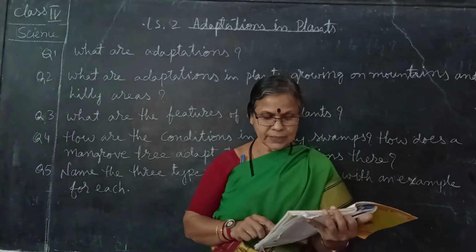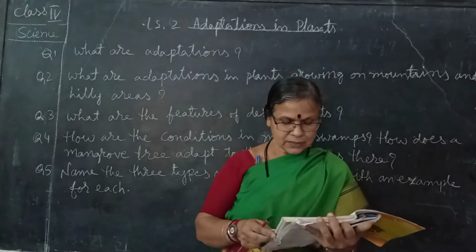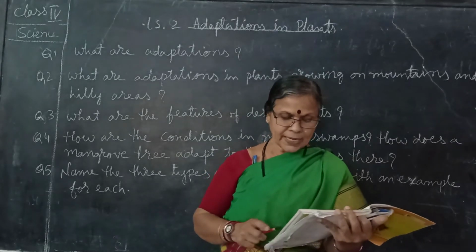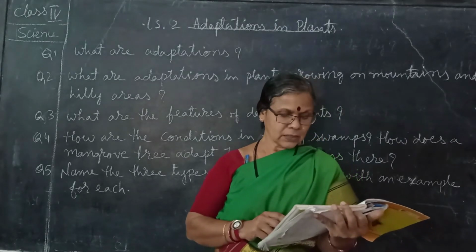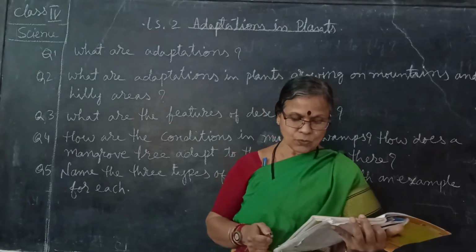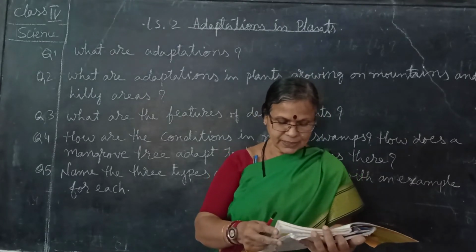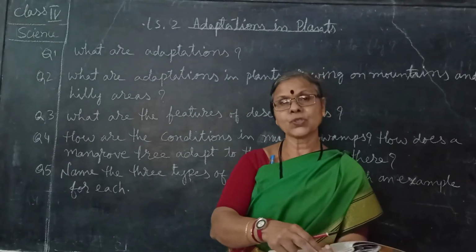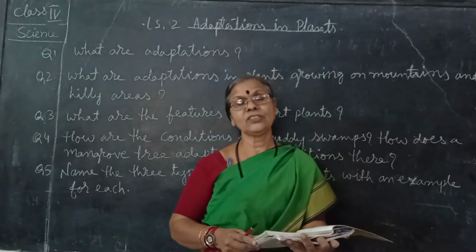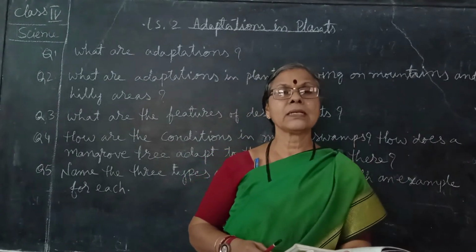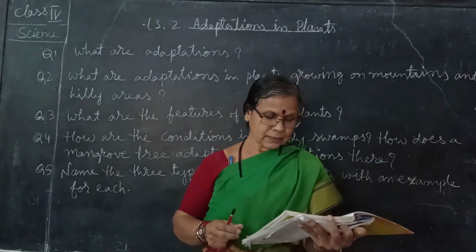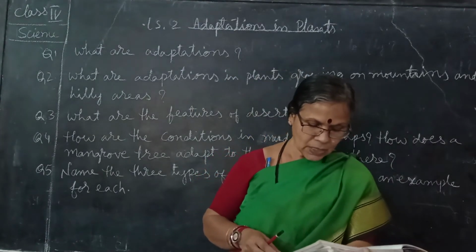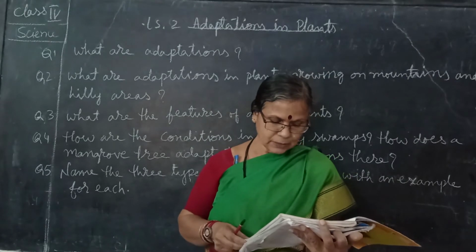The leaves of these trees are needle-like and have a waxy coating. This stops them from losing water and prevents any damage from snow. Examples: pine, spruce, cedar and deodar. What are the features of desert plants?